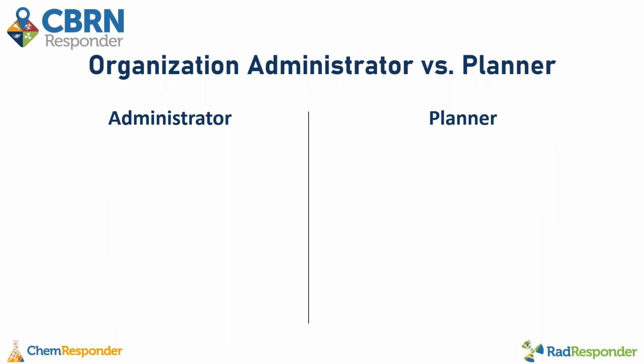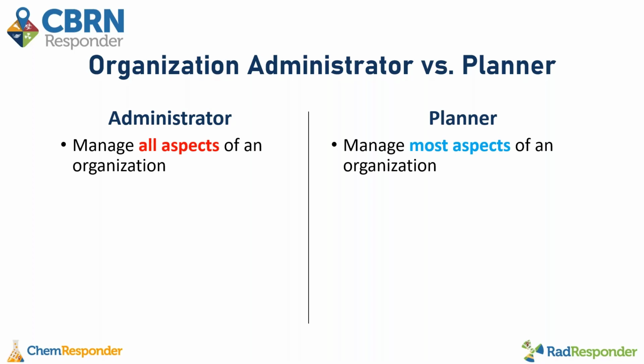The organization admin role and the planner role are pretty similar in their abilities of what they can do for the organization, but there are some differences. So the organization admin can manage all aspects of the organization, but the planner, however, can only manage most aspects.